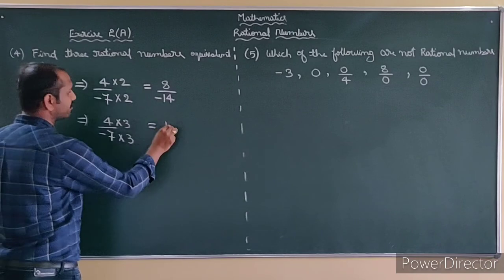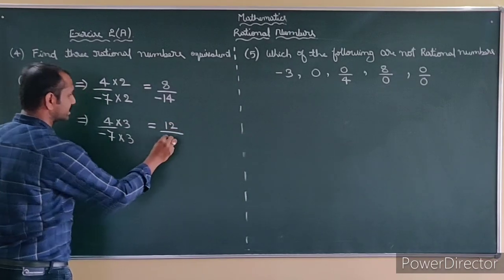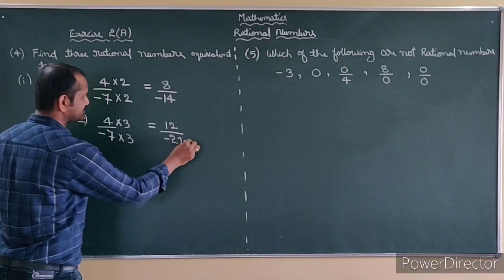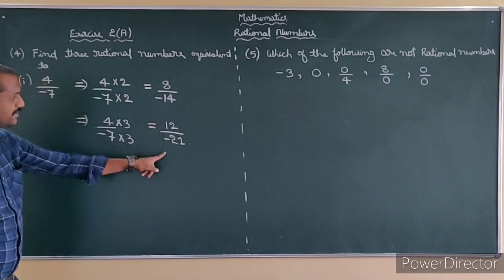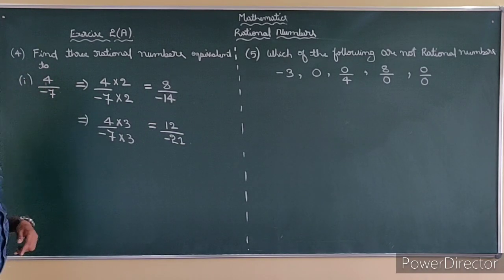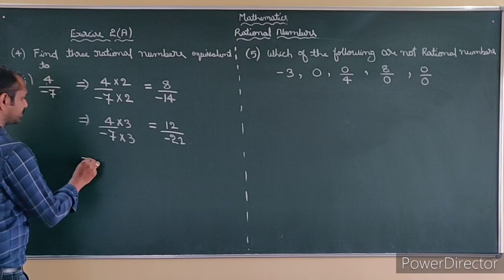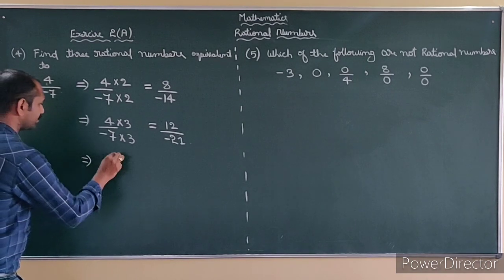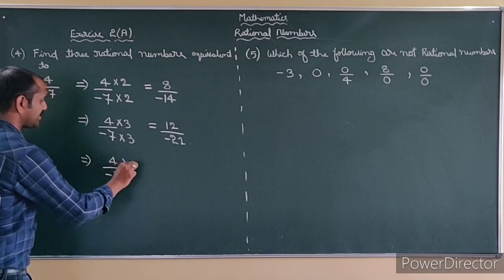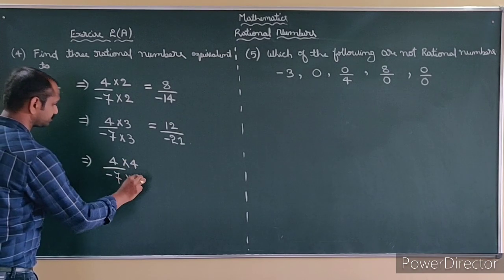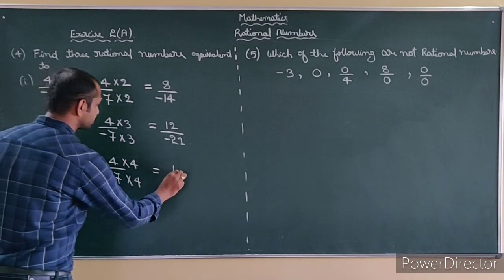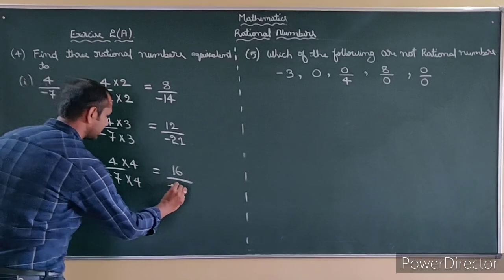So 4 3s are 12, and minus 7 3s are minus 21. Even 12 by minus 21 is equivalent to 4 by minus 7. Next we have 4 by minus 7 multiplied by 4. So 4 4s are 16, and minus 28.